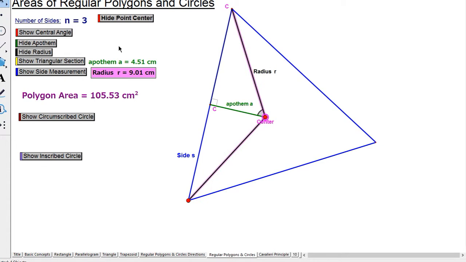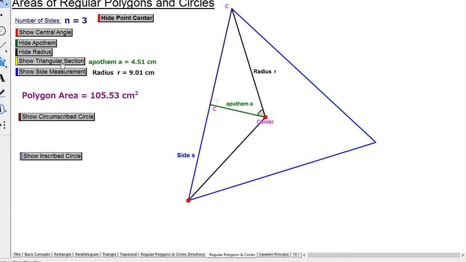And the distance from the center to any vertex is called the radius. Each of those radial segments is the same length.